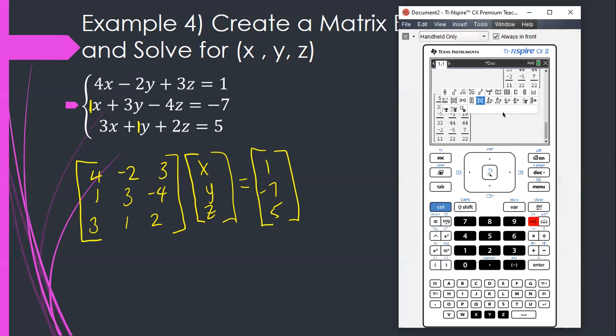So I'm going to click here, click matrix, and I need a 3 by 1. Hit OK, and I'm going to put in my values 1, -7, and 5. It looks intense, right? But it's not in the end.